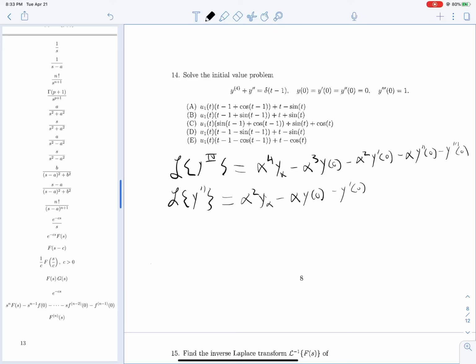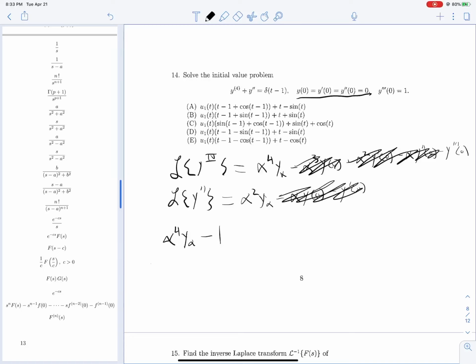The sad thing is these first three initial conditions are all 0, so we can ignore all these, and that'll just be a minus 1 on the end. So taking the Laplace transform of both sides, we will end up with alpha to the fourth y alpha minus 1.